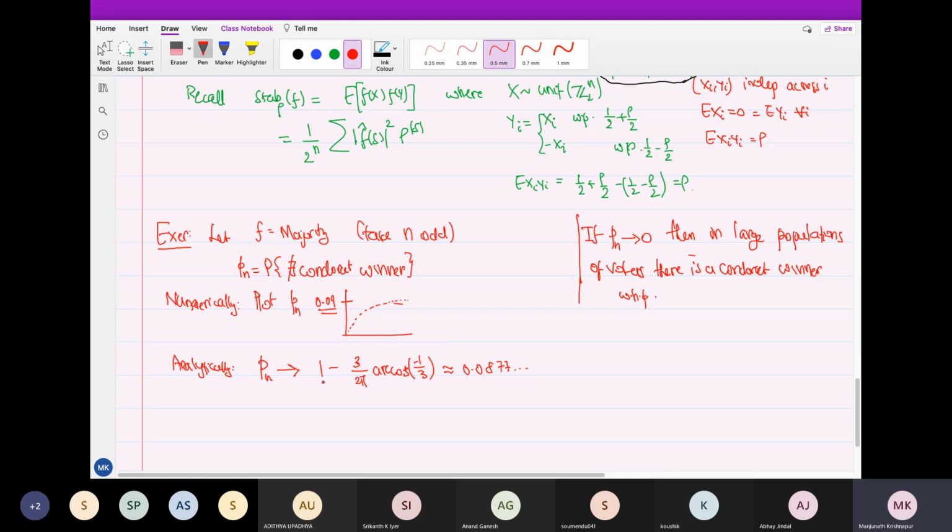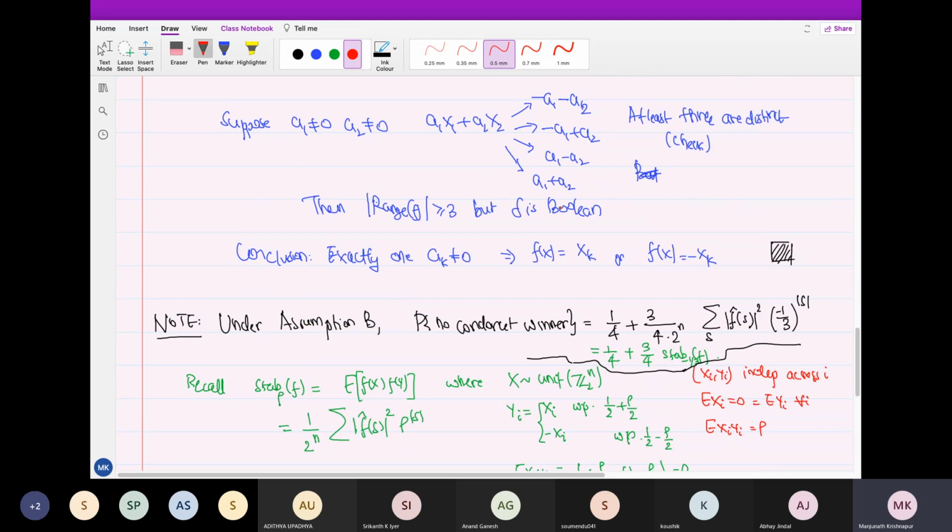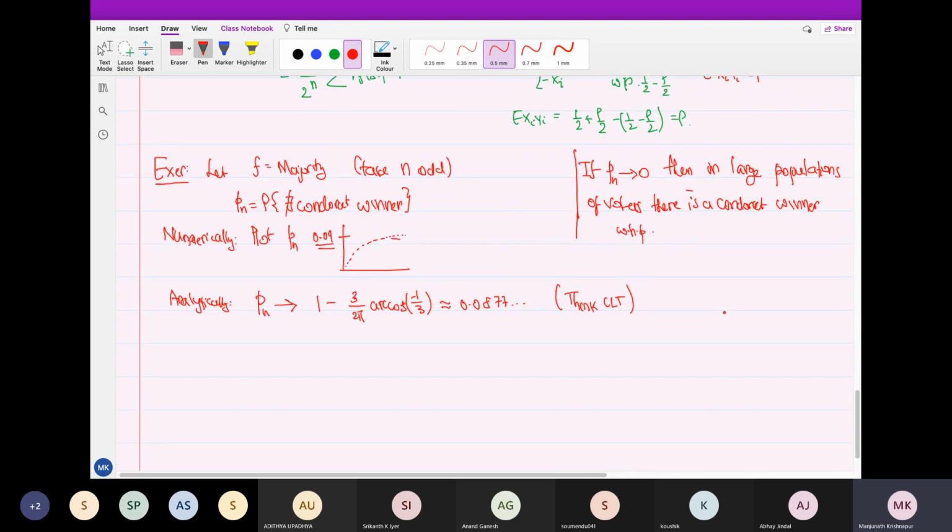So Pn actually converges to that. If you want to do this, think of the central limit theorem, otherwise you may have difficulty. Analytically, you have the Fourier coefficients of the majority function, but I don't think you can explicitly work with this expression. If you can and get an exact expression, fine. But the limiting number is this one.